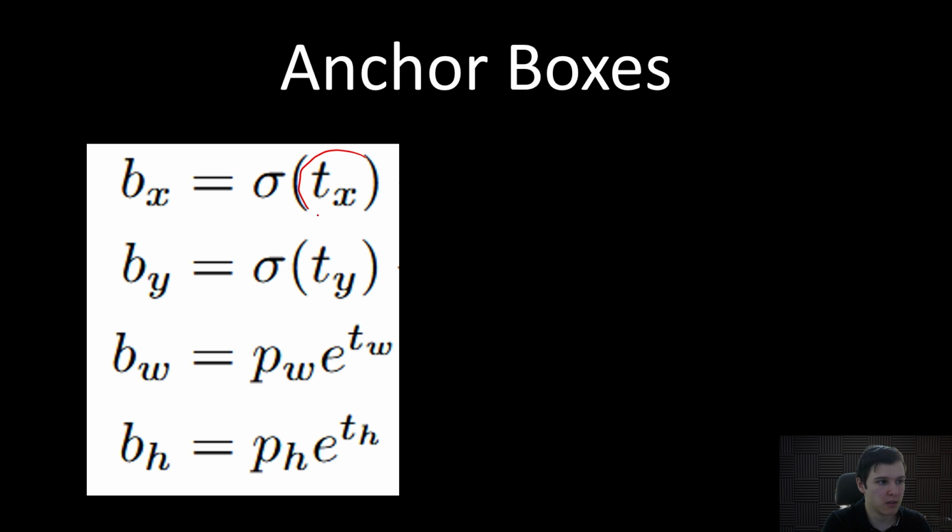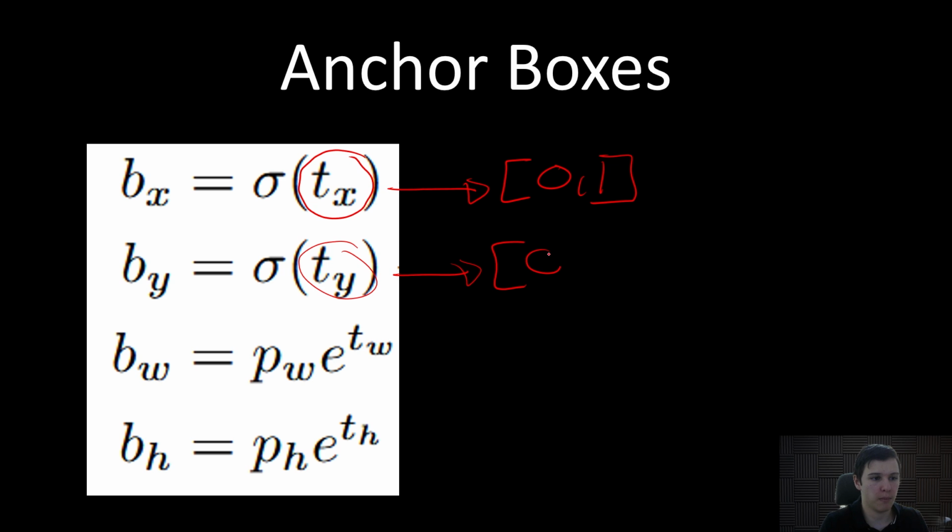We have tx, which is output from the model, then we take a sigmoid of that, which means it's guaranteed to be between 0 and 1, which is exactly what we want. And for the y, we have a similar thing, where ty is just a float value coming out from the model, and then we take a sigmoid of that, making it between 0 and 1.